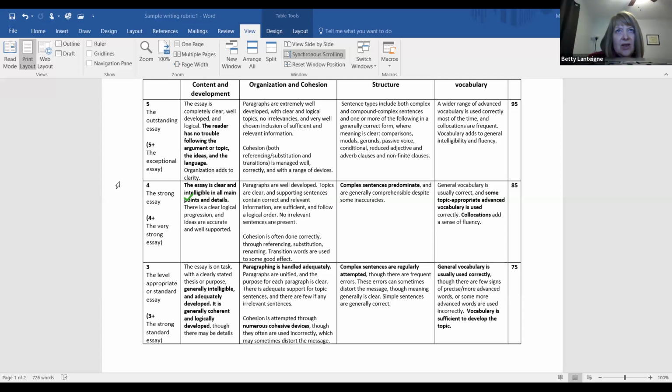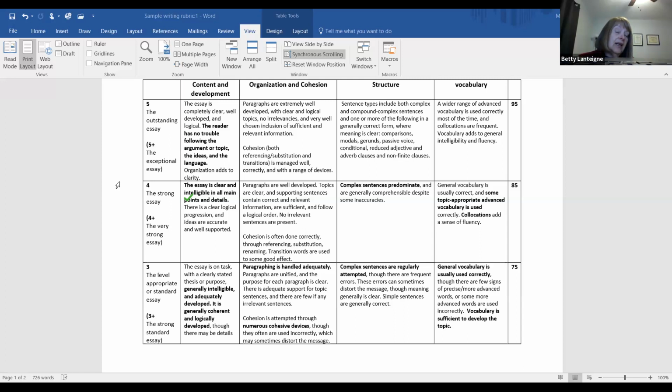Just looking at content and development, I can't speak to accurate because it's a response to this article, but we're just looking at the essay itself. I'm more toward a 3 than a 4, and the reason for that is because of clarity.